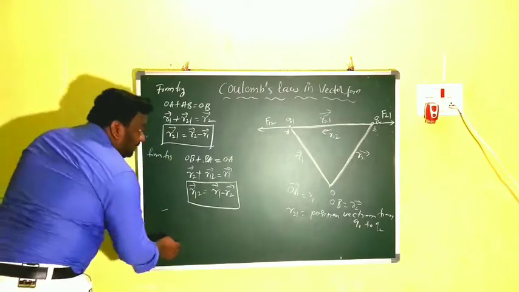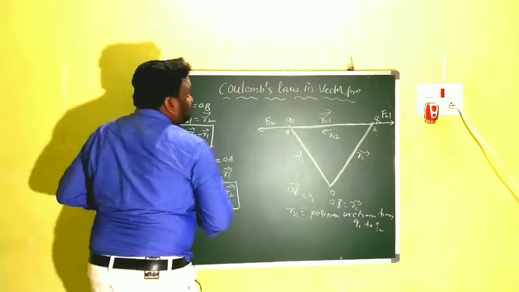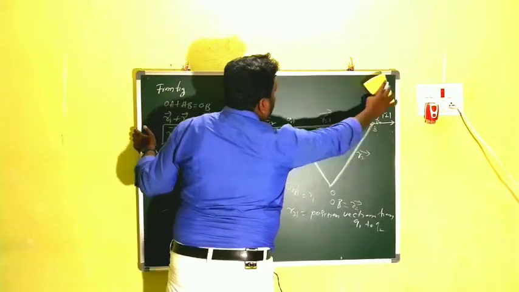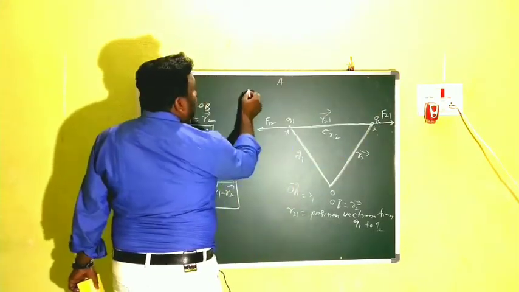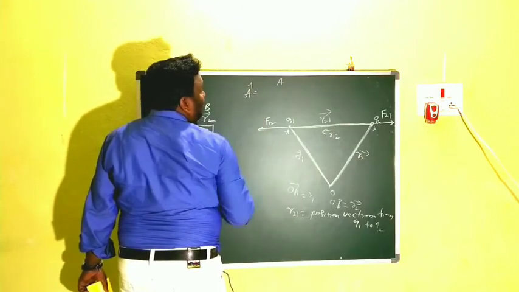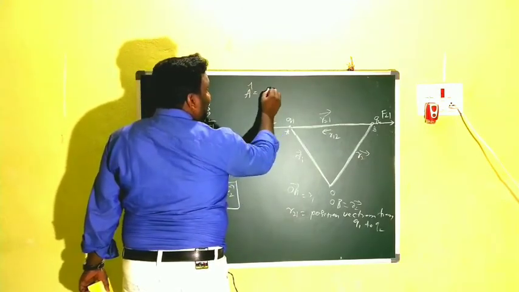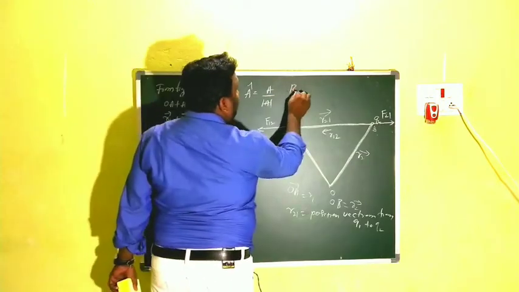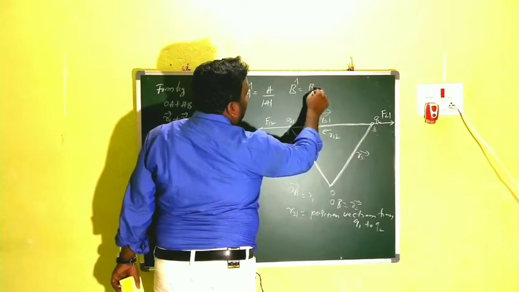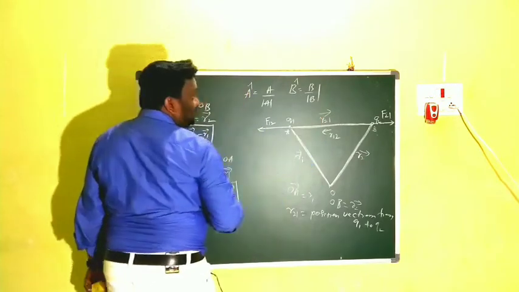So for that I am writing now the vector forms. For example, if A is a vector, what do you write for the unit vector A? A cap is equal to A by mod of A. If B is the vector, how do we write the unit vector? B by mod B. Got it, children?